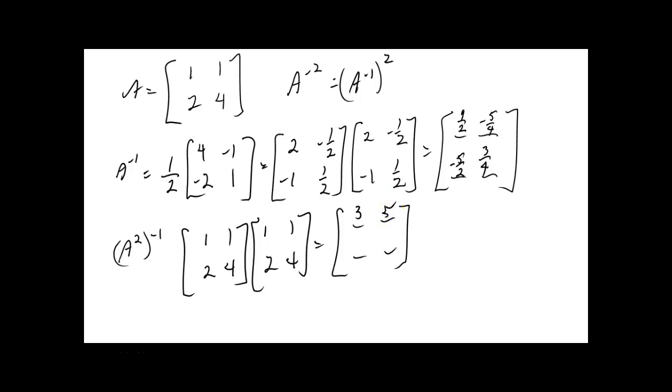The 2, 1 entry. 2 plus 8 is 10. And the 2, 2 entry would be 2 plus 16, yeah, 18. Goodness gracious. Okay, so that's the A squared.